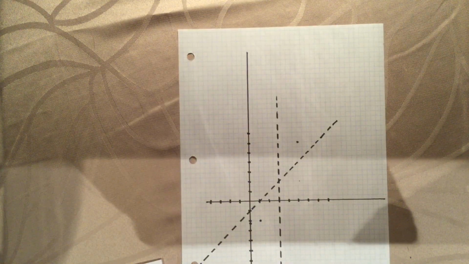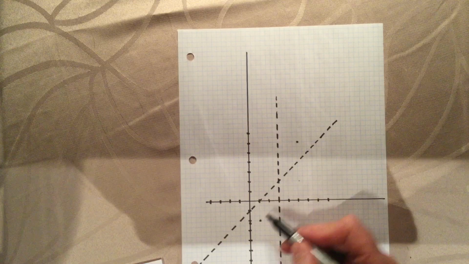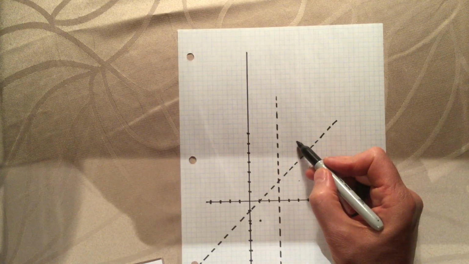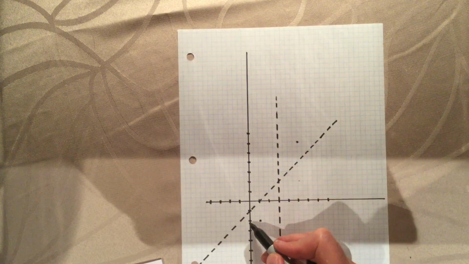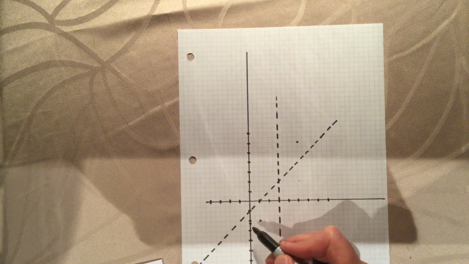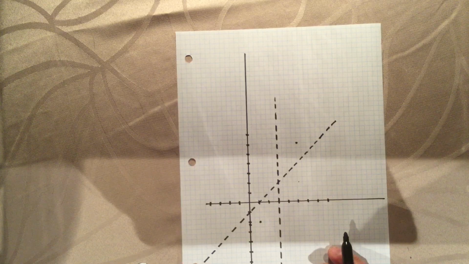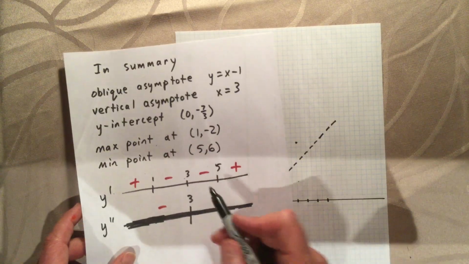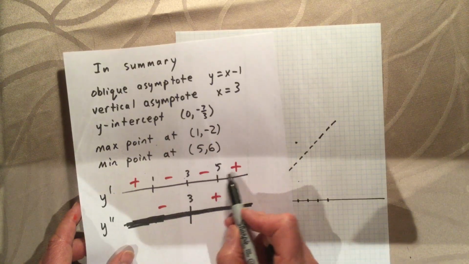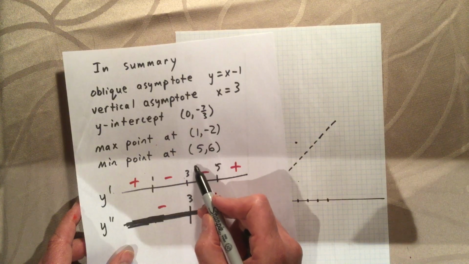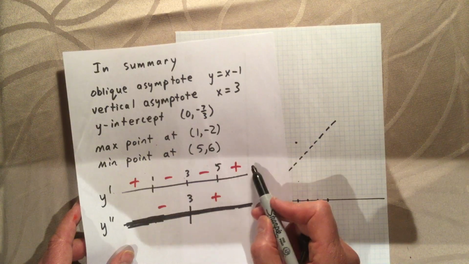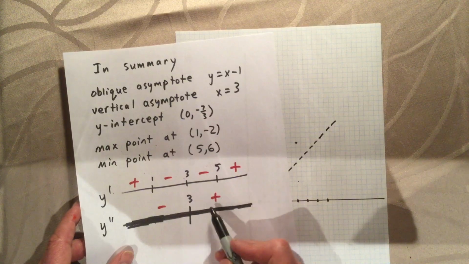And so we have this. This is the point (1, negative 2), and this is the point (5, 6). And this is our y-intercept, (0, negative 7/3). So we can see that in between 3 and 5, we're decreasing, and then we're increasing, and the whole time we're concave up.